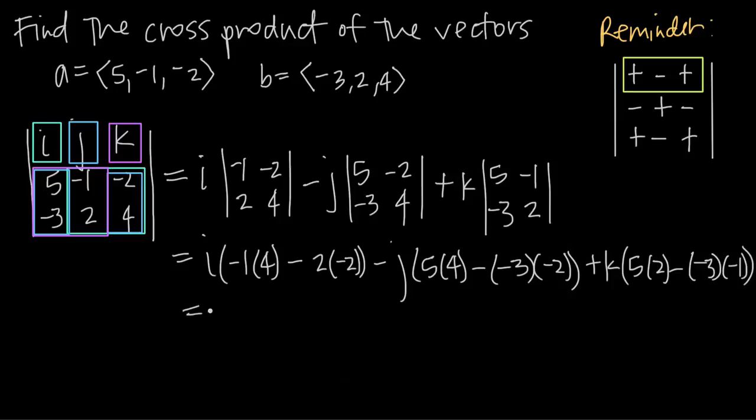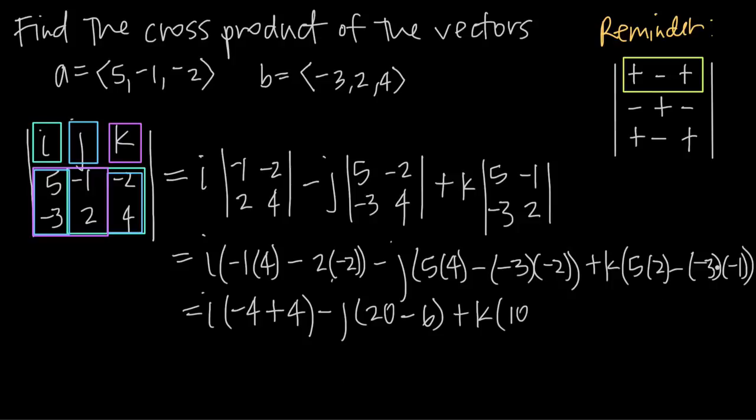And now we'll simplify. So we'll get I, -1 times 4 is a -4. 2 times a -2 is a -4. So we have minus a -4 or plus 4. Then we've got minus J, 5 times 4 is 20. -3 times a -2 is a +6, so we end up with minus 6. Then we get plus K times 5 times 2 is 10. -3 times a -1 is a +3, so we end up with minus a 3.